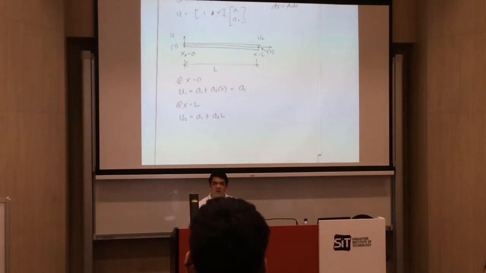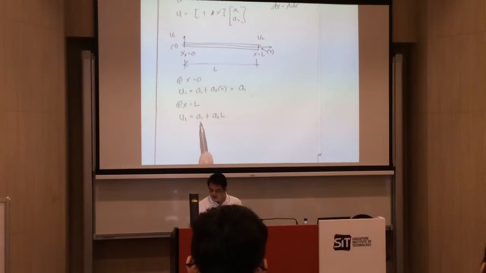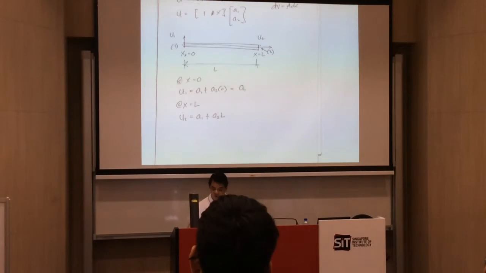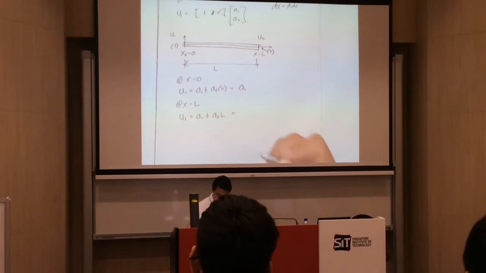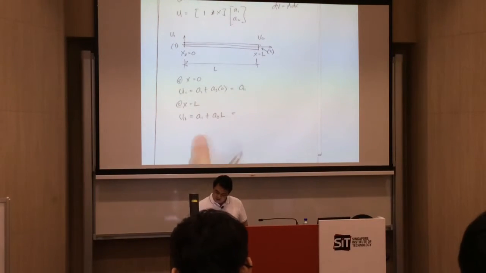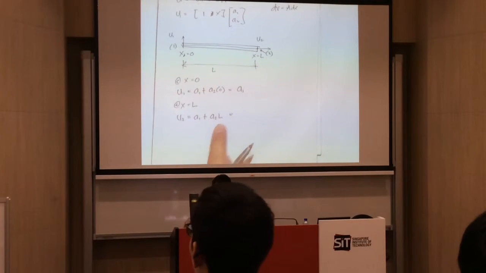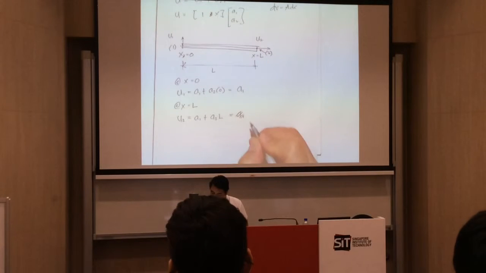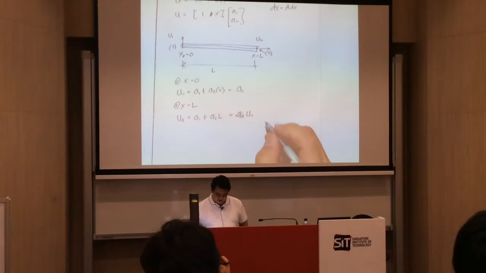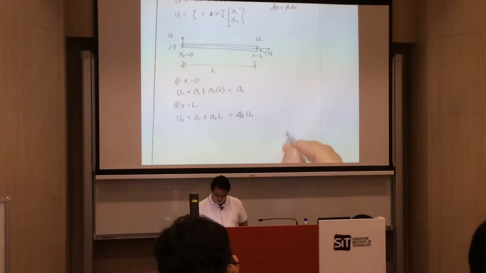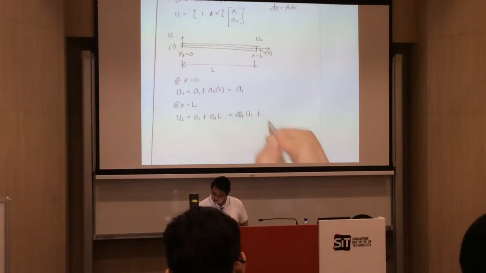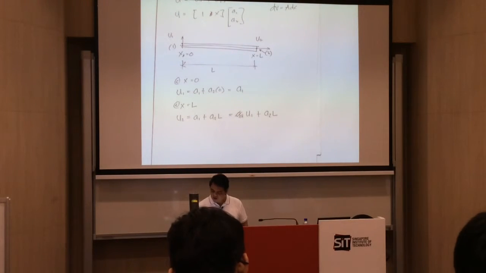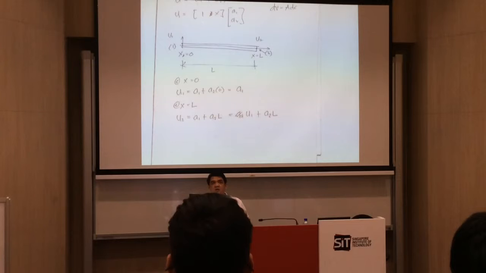After this, of course, we know that a1 is equal to u1, so we can have u2 equal to a1 plus a2L, so we have now here a1, that will be u1, plus a2L. Okay, quite straightforward.